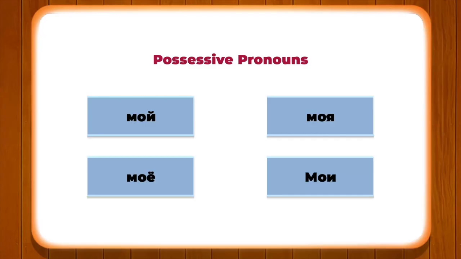So you can say мой брат, my brother, моя мама, my mother, моё окно means my window, and мои for plural, you can use мои друзья, my friends, мои родители, my parents, мои книги, my books, мои ручки, my pens, and мои карандаши means my pencils.